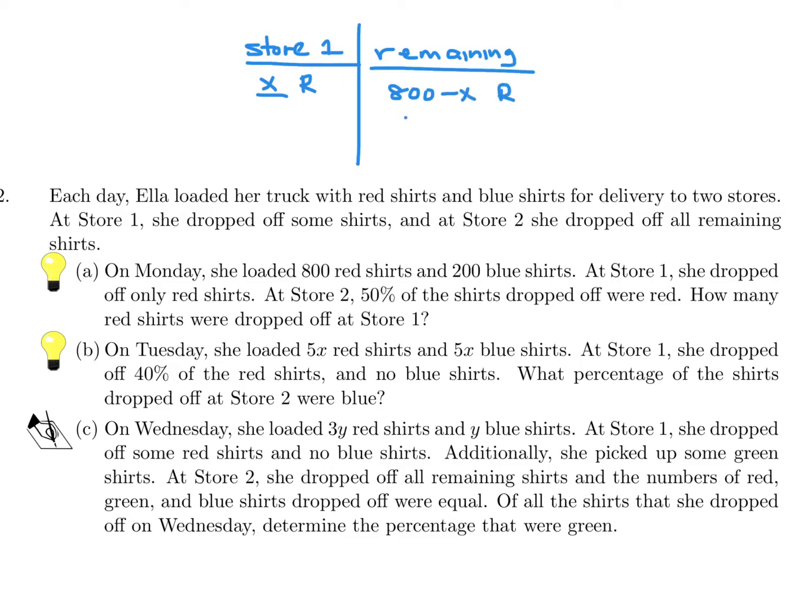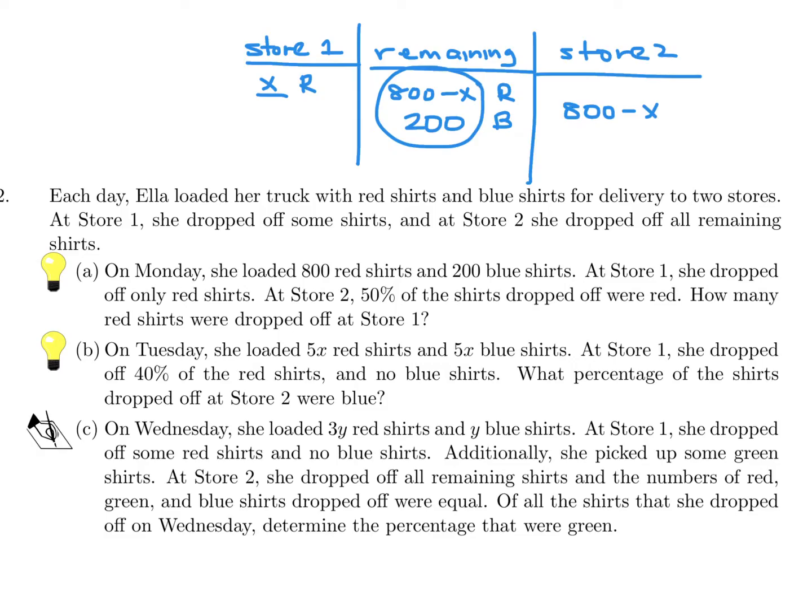And the blue shirts are still 200, and nothing's happened with the blue shirts yet. And then finally, when we get to store 2, they're saying that you drop off 50% of all the shirts are red. The way the question is worded is that at store 2, all the remaining shirts are dropped off. So all of that is dropped off.